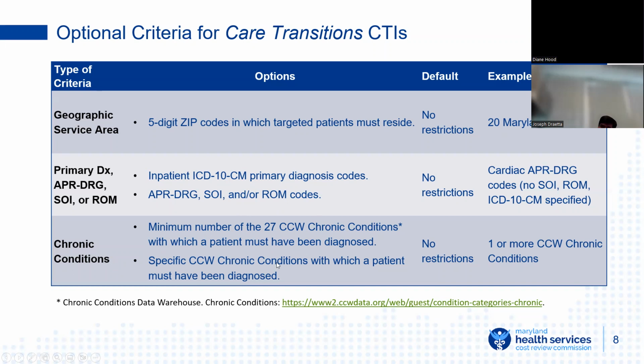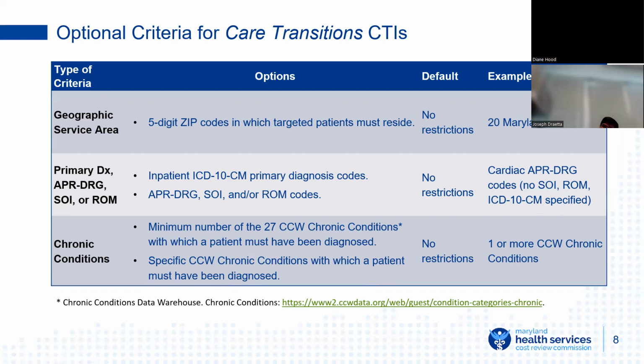Chronic conditions. When we say chronic conditions, we're referring to the ability to exclude or include patients that have been diagnosed with any of the set of 27 CCW chronic conditions based on their claims history. The algorithms to compute those are CCW algorithms and are available online. There's a link here if you want to review those.